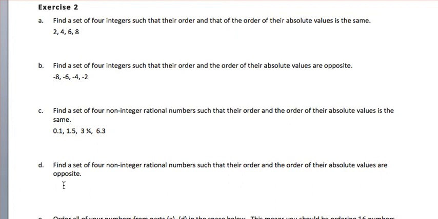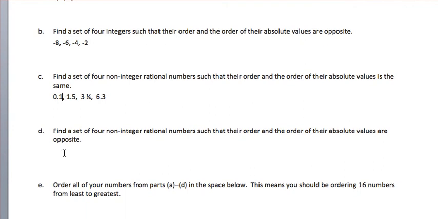And then in 2d, they ask us to find a set of 4 non-integer rational numbers such that their order and the order of their absolute values are opposite. And so in this case, they must all be negative.